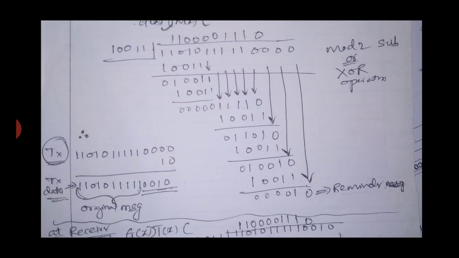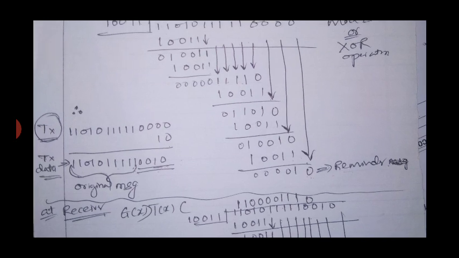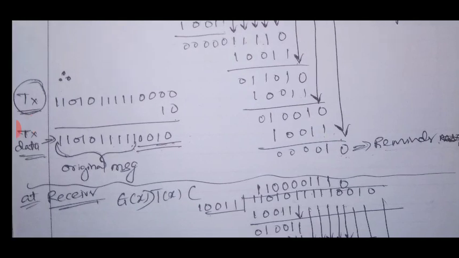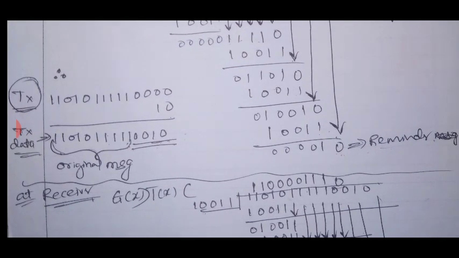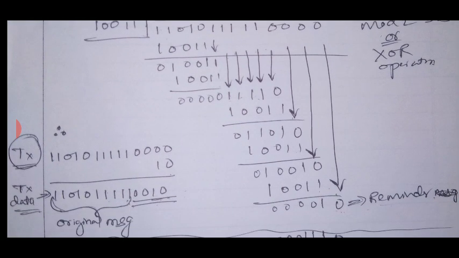Fine. And the remainder that is remaining is 10. Fine. You need to add this remainder 10 to the data you have divided here. To this data you have to add 1 0.